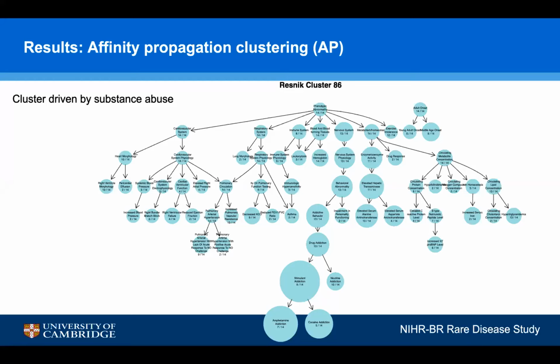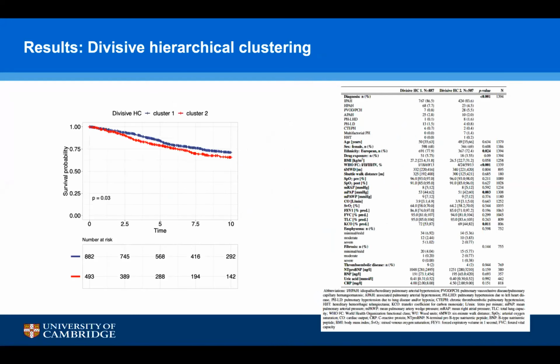So again, there is some overlap in clinical and computational phenotyping, but computational phenotyping has an advantage of producing more clusters, and also clusters that have not been investigated previously. And the third algorithm we used was called divisive hierarchical clustering, and it also produced phenogroups that were characterized by different diagnosis, functional status, and outcomes.